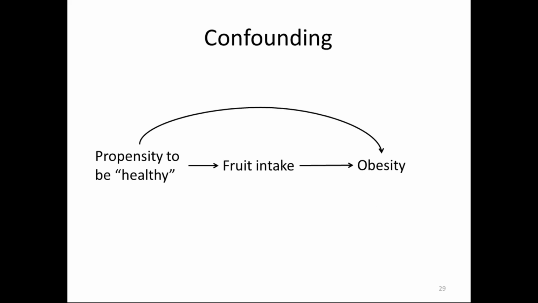If we're looking at fruit intake and obesity, we have this propensity to be healthy. People who tend to be healthy are more likely to eat a lot of fruit, and they're less likely to be obese, right? So some part of that correlation between fruit intake and obesity is likely to be this healthiness. So how do we measure healthiness? It's a lot more nebulous than measuring age.